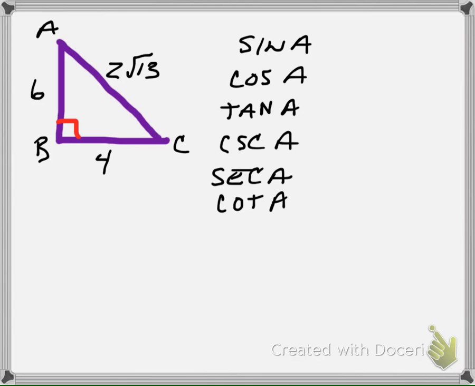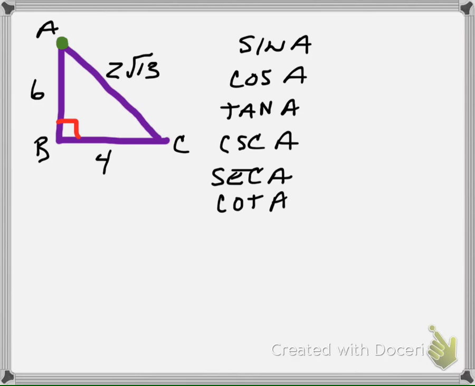So I'll go through all of them with you. We are dealing with angle A, so we're standing on angle A. So what you can do from the very beginning is you can label all of your sides right now, because we're going to be using them, the same labels, throughout the problem.